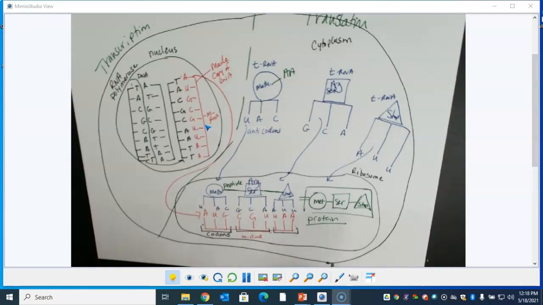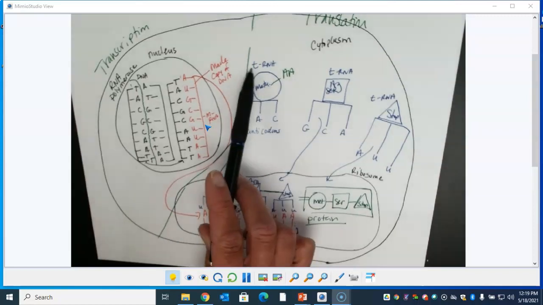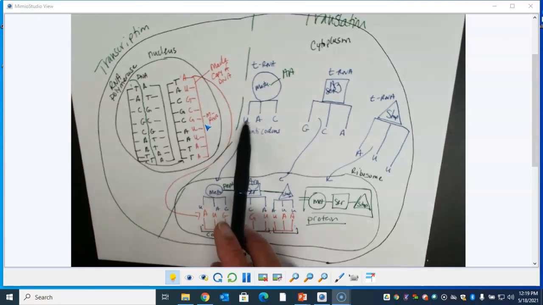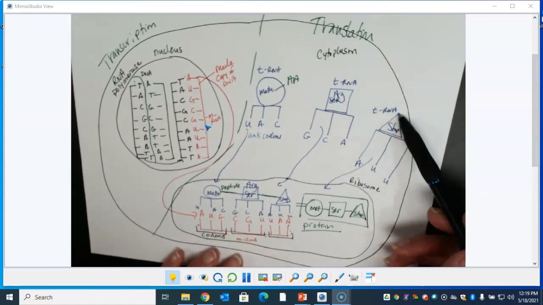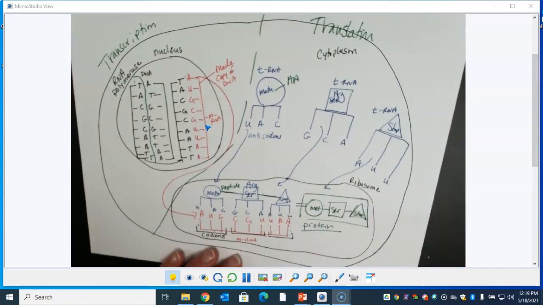The ribosome reads each codon, so every 3 letters, and sends out a message in the cytoplasm to have our transfer RNA, which are in anticodons, pick up these specific amino acids and bring them into the ribosome. Those transfer RNA anticodons match up with the codons. They get close together, peptide bonds bond them together, and a protein is made. And that is protein synthesis right there.